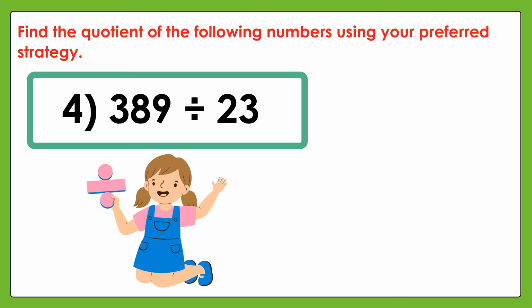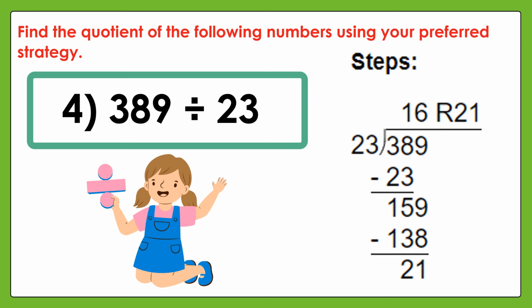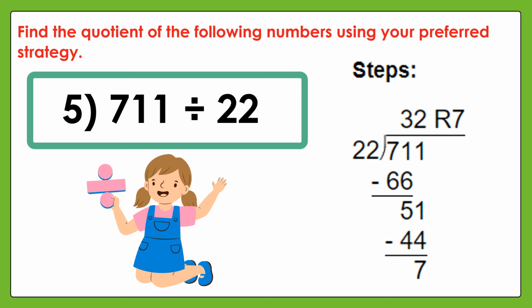Number 4, 389 divided by 23. The answer is 16 with remainder 21. Number 5, 711 divided by 22.